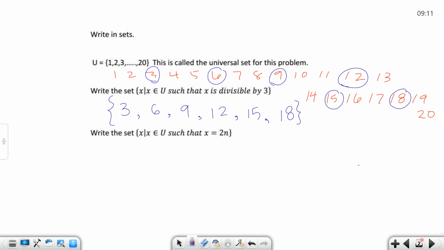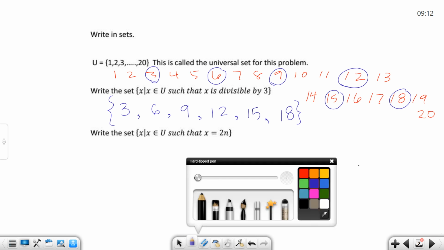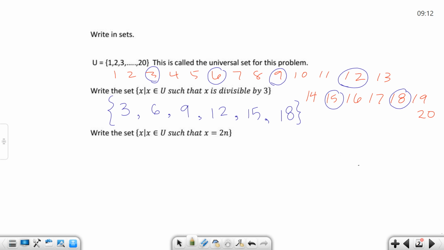Okay, looking at the second one, it says find all the X in this universal set such that X equals 2 times n. Now what 2 times n means is that it is a multiple of 2. So if we look at the red numbers, forget that any are circled with blue, let's pick green this time. I want to know which of these are divisible by 2, or 2 times a whole number.